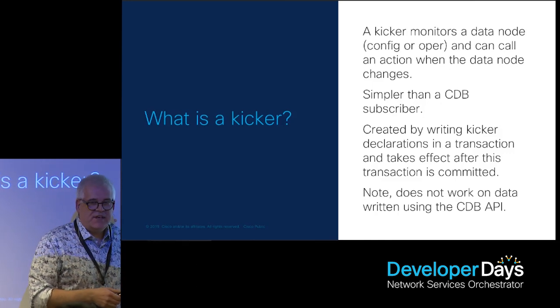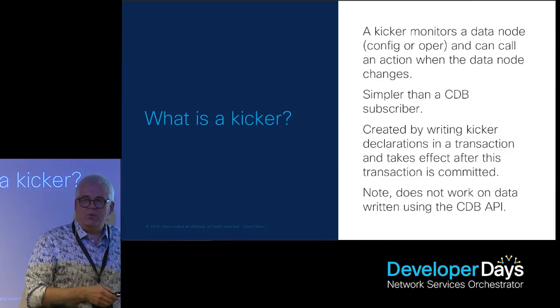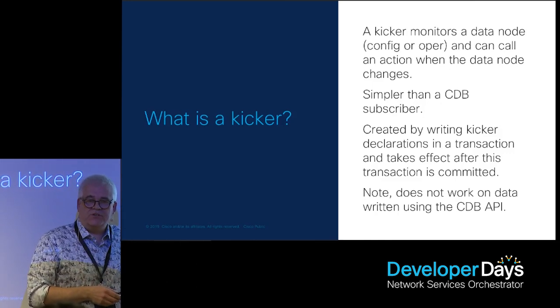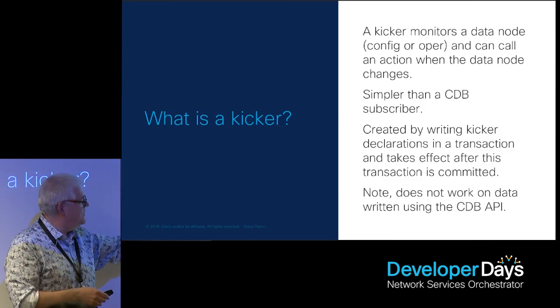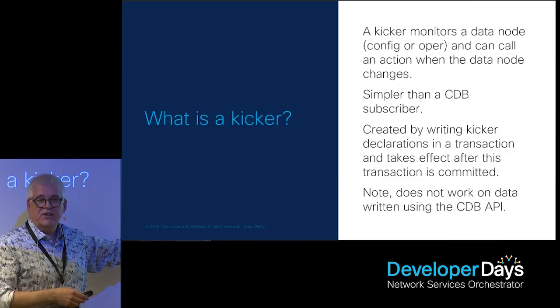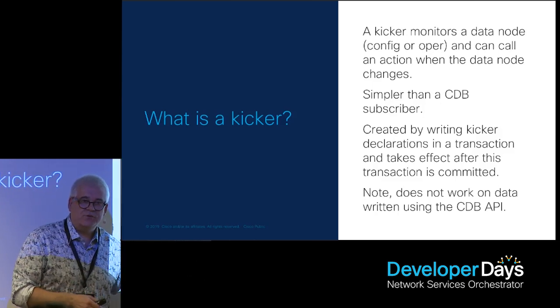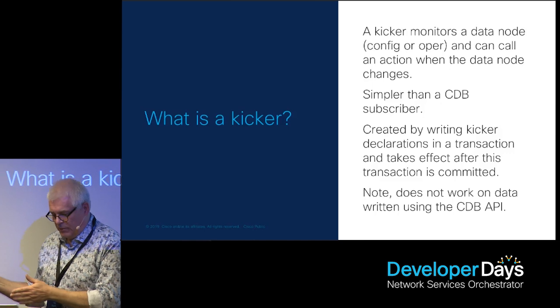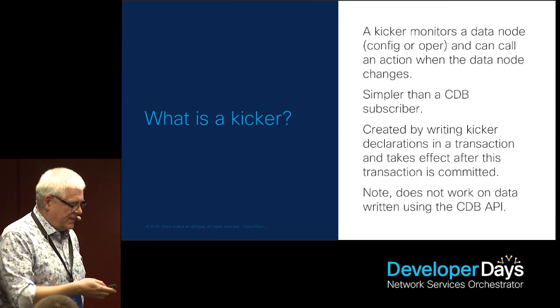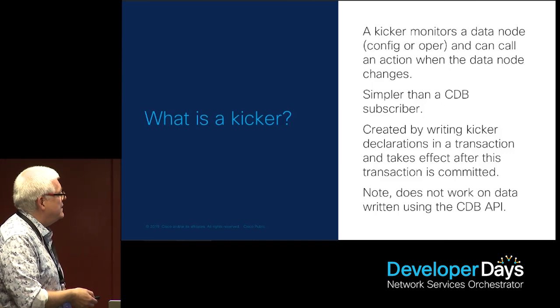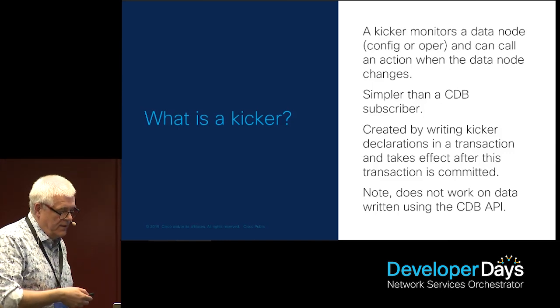So the next transaction and all transactions after the one writing will monitor this. And even more interesting, if you remove it in a transaction, you will no longer monitor it. So you can decide when something happens, just now I want to do that. And that is key in using NoNo Services.